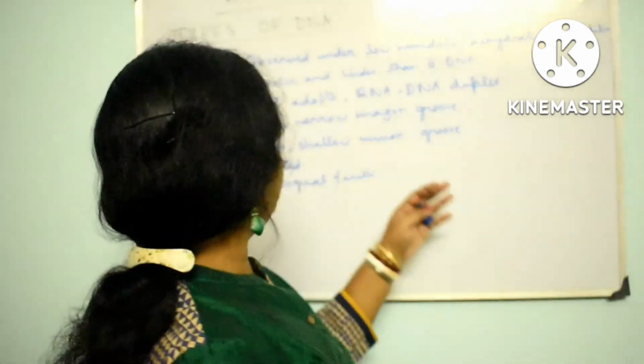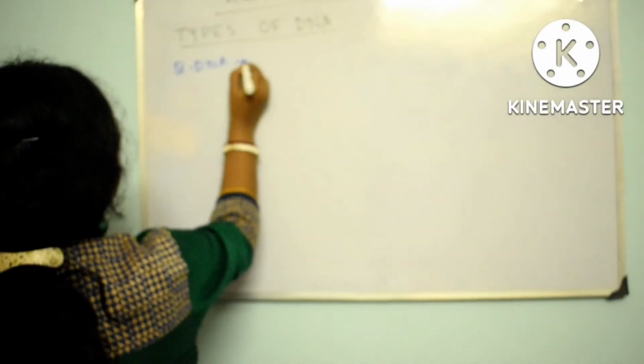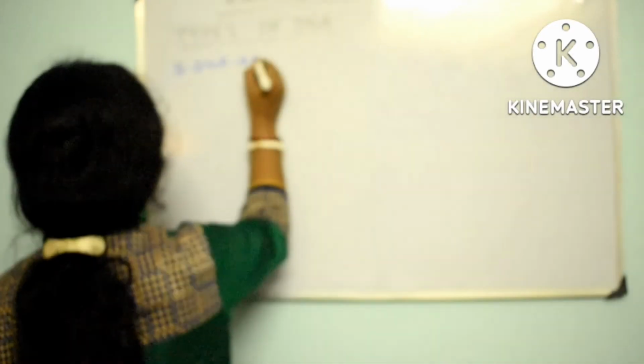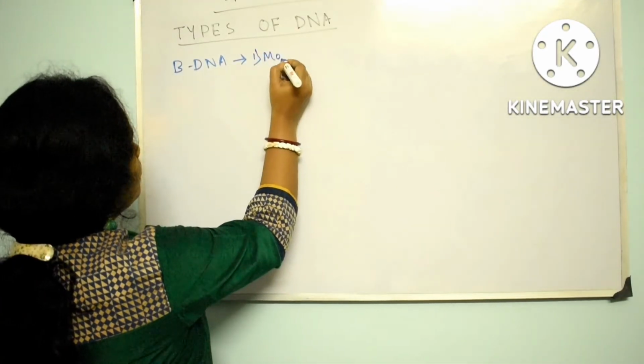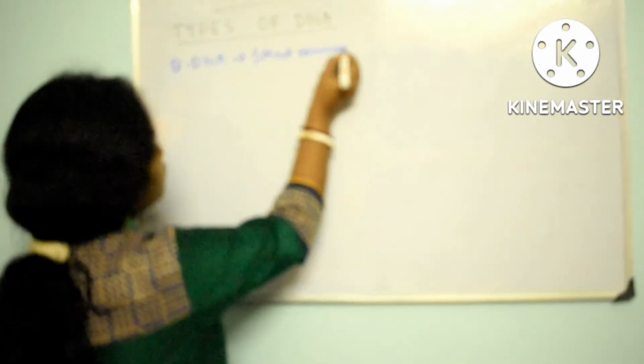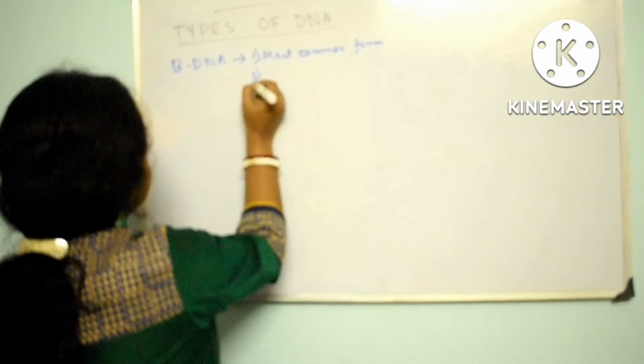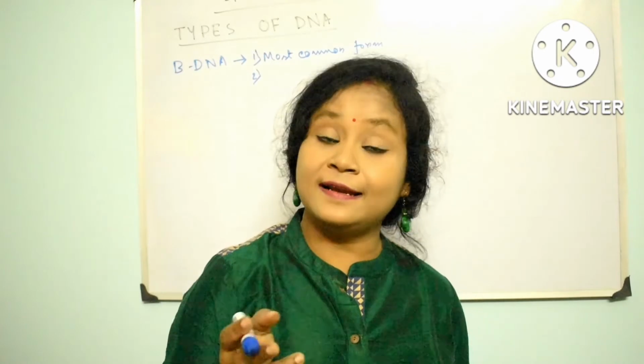So that's all about A DNA. The details of B DNA I have already discussed as the Watson and Crick model of DNA. This is the most common form of DNA. Next point, it has a more narrow, elongated axis than A DNA.